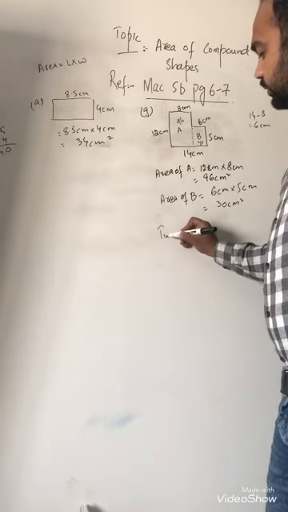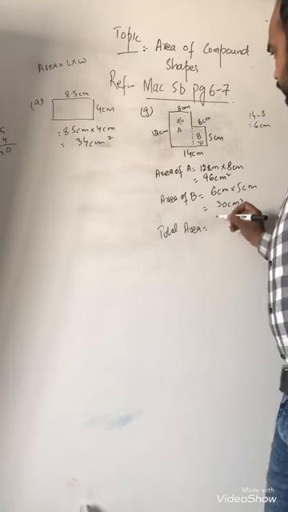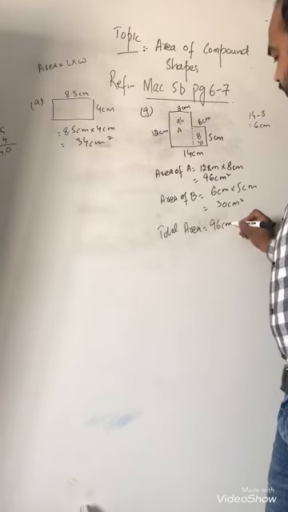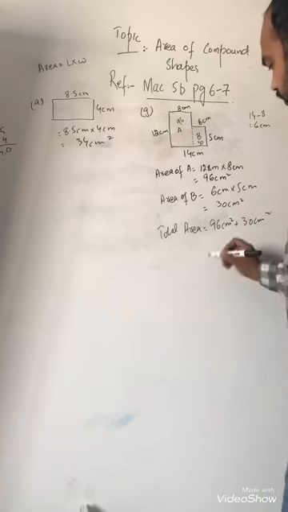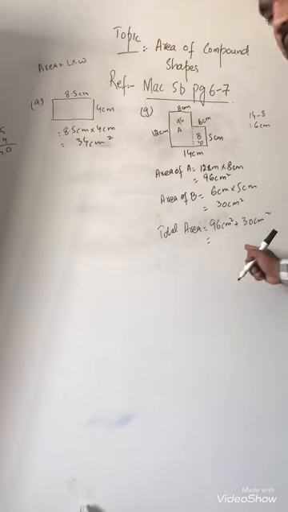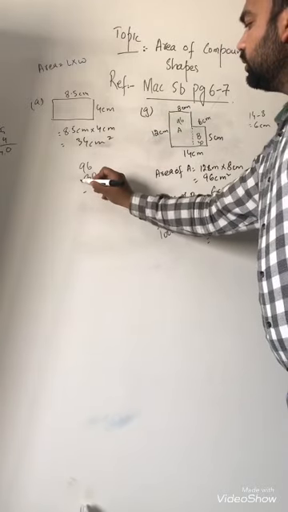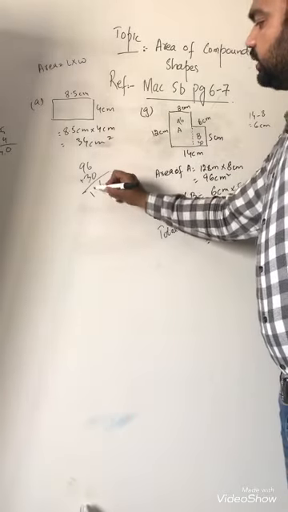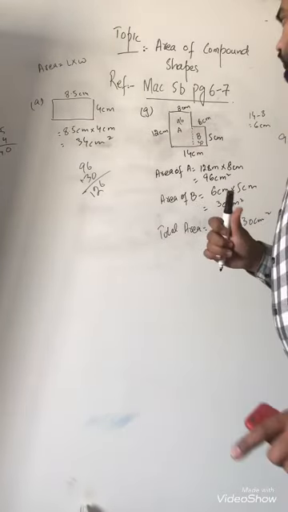So I will write total area is equal to 96 centimeter square plus 30 centimeter square. By adding both of them, 6 and 126. The answer is 126 centimeter square.